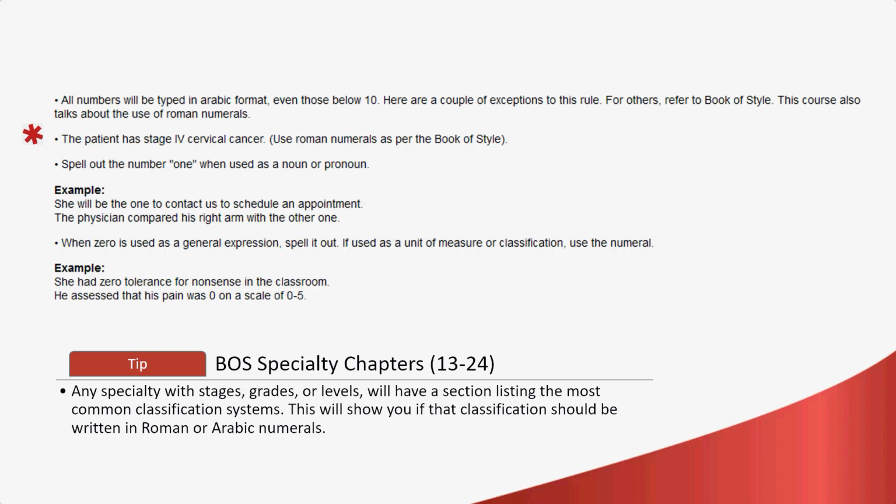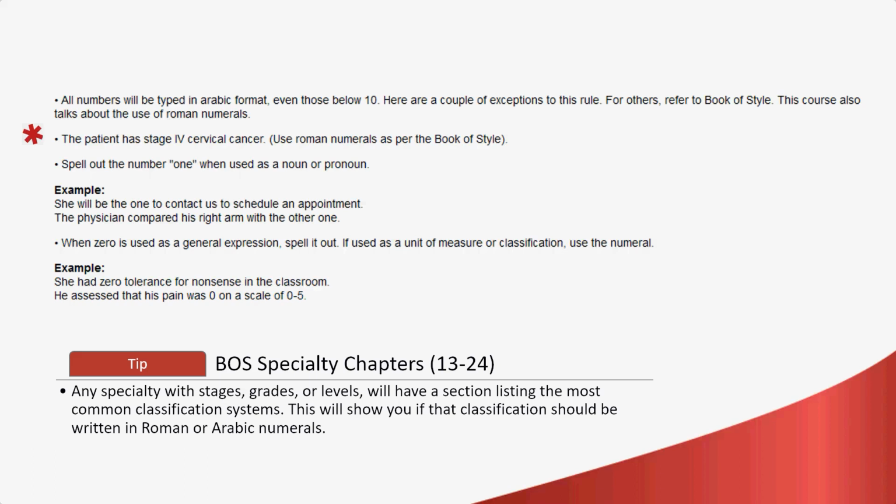So if I had just gone to the orthopedic chapter, which is chapter 18, the most common classification systems, so stages, grades, and levels for each specialty will be in those specialty chapters. So if you just go to the cover page of the chapter, it will list the references down the side, and you'll see if there are classifications listed.